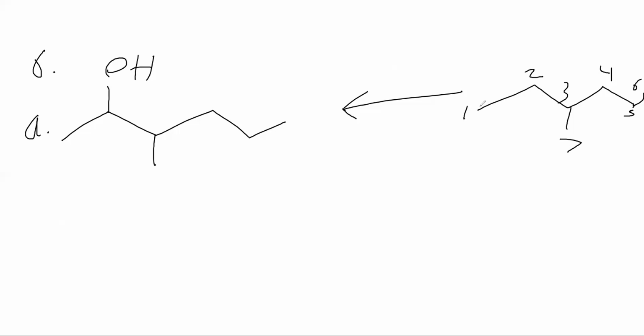So let's say we have the double bond here between carbon 1 and carbon 2. And then we want the alcohol to go to carbon number 2. So we're looking at carbon 1, which is primary, versus carbon 2, which is secondary. So what set of conditions can we use to get the alcohol to go to carbon number 2?